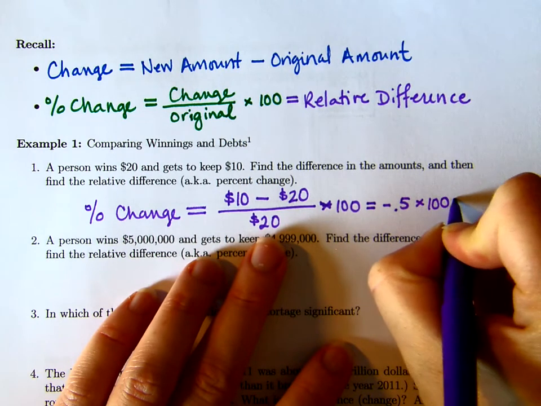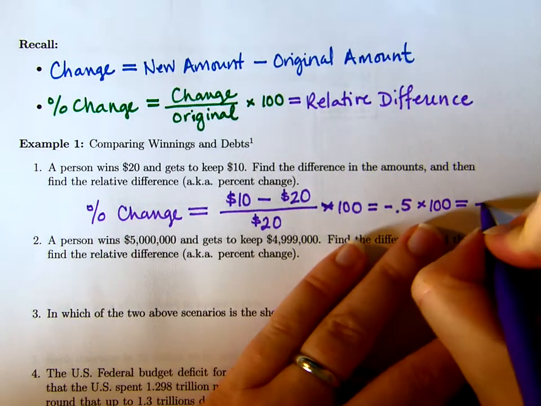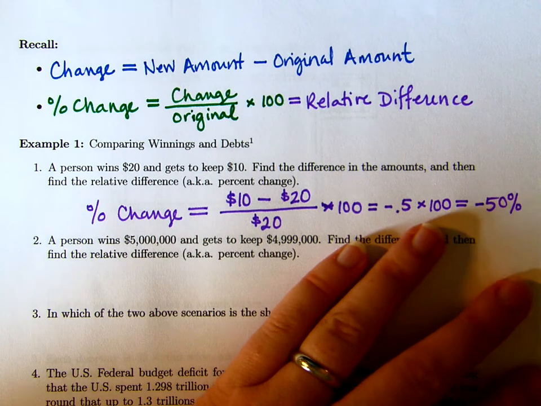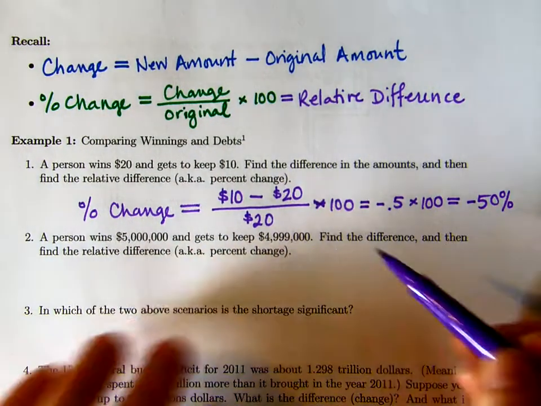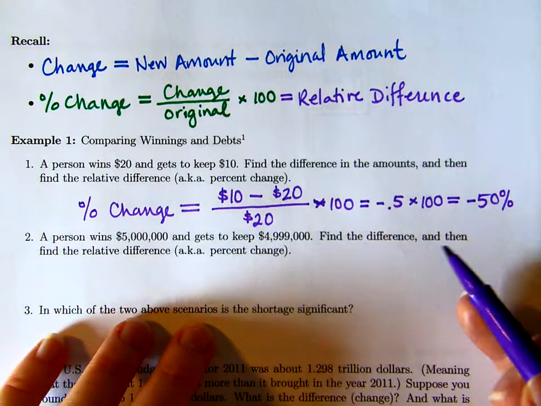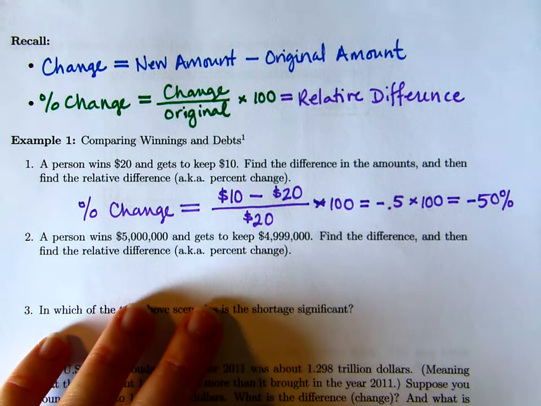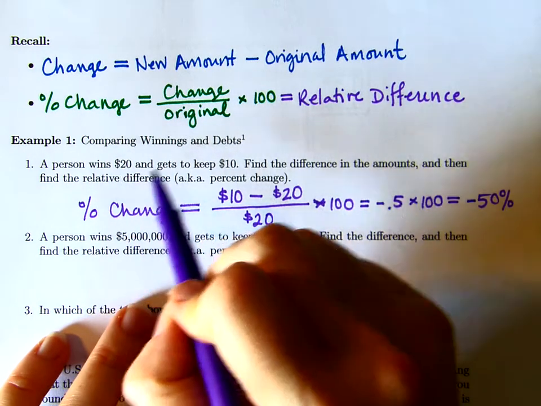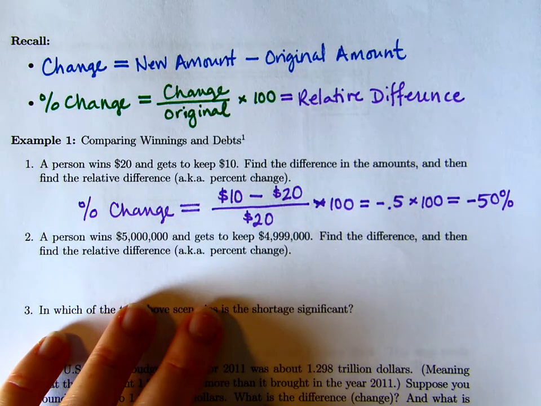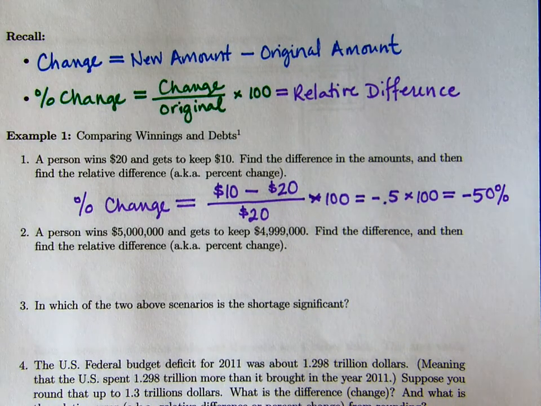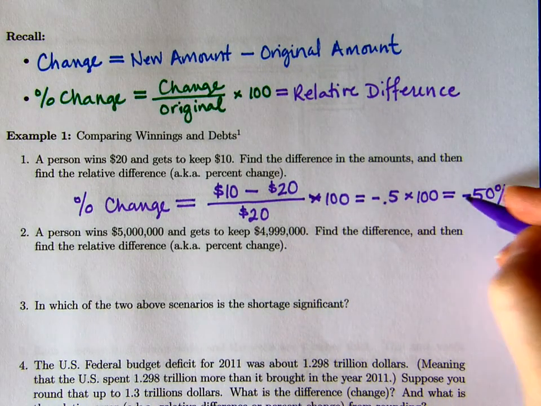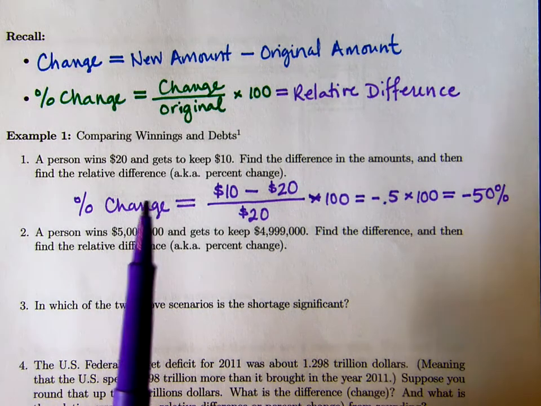Okay, but then scaled into a percentage. So the percent change or the relative difference is down by 50%, which makes sense, right? They won 20, they only got 10 of it, so they got half of it. It's almost like losing half, a loss, even though it's winnings.